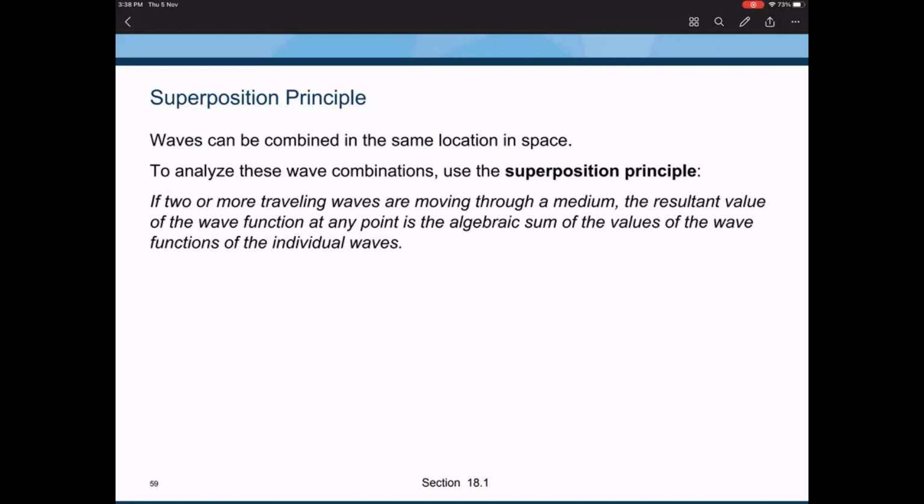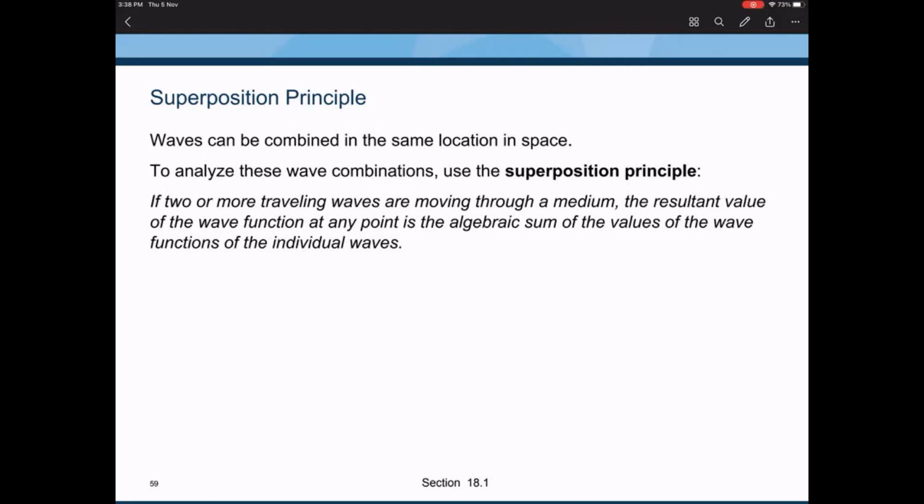It is the description for the scenario when you have two or more traveling sound waves, or traveling waves in general, that are meeting with one another.